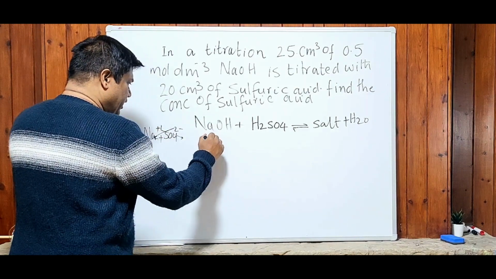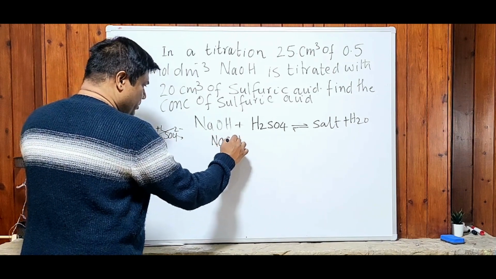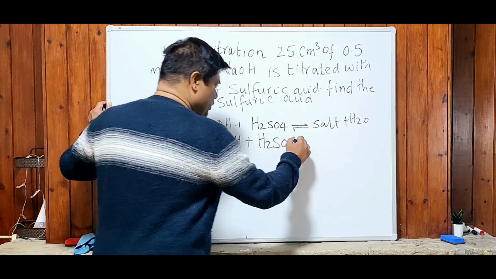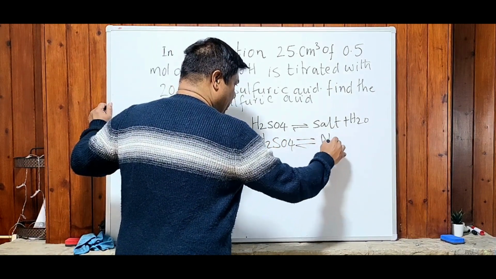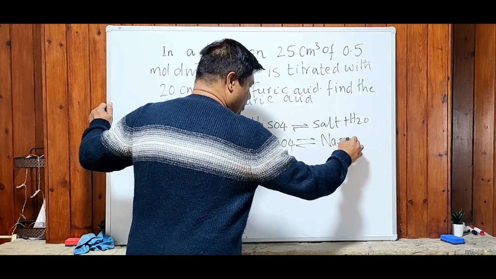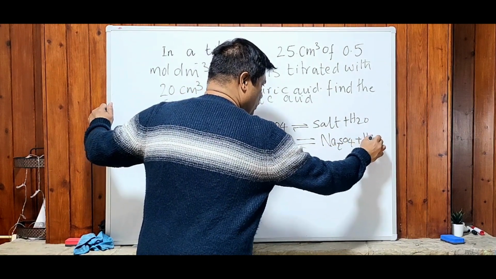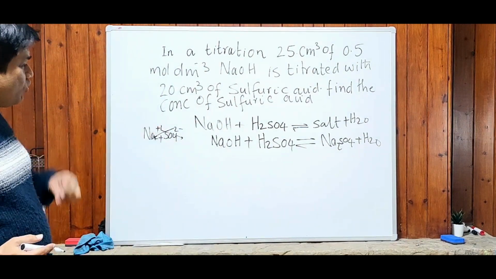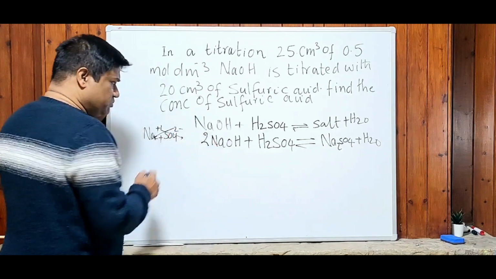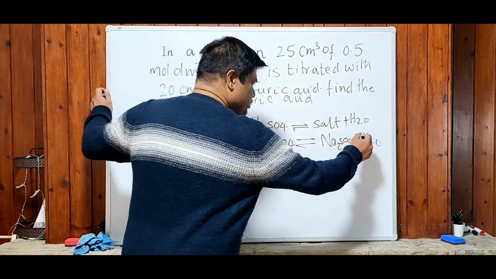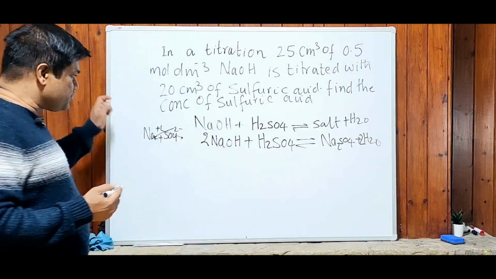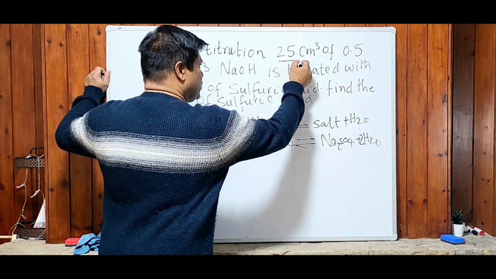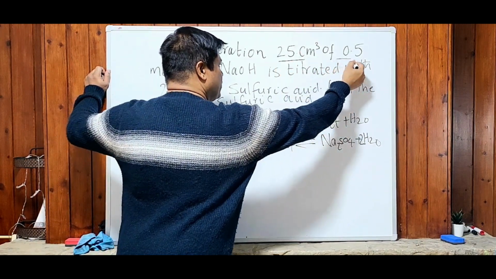So NaOH, sodium hydroxide, plus sulfuric acid gives sodium sulfate, Na2SO4, plus H2O. We have to balance the equation, otherwise you can't get the number of moles. So 2 sodium, that's fine, and I have to balance with 2 here, times by 2. So it's a 2:1 ratio.